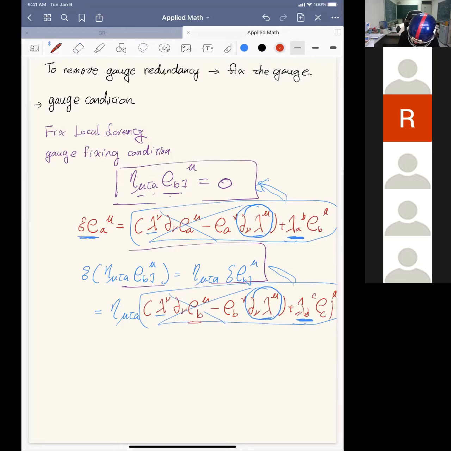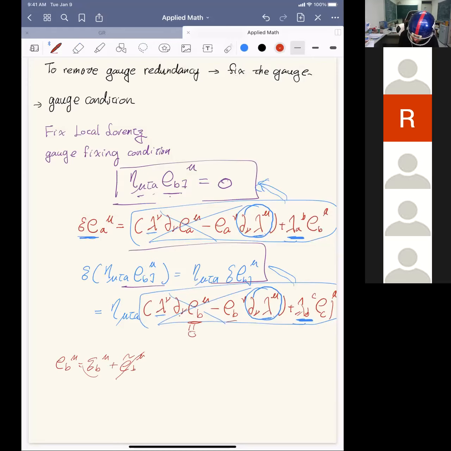Now let's further expand this. Let's further expand e^B_mu in terms of delta^B_mu plus, let me just call this e tilde, and drop these terms. I just want to keep the leading term. Then for the leading term, this term will be 0 because this derivative acting on the delta is just going to be 0.